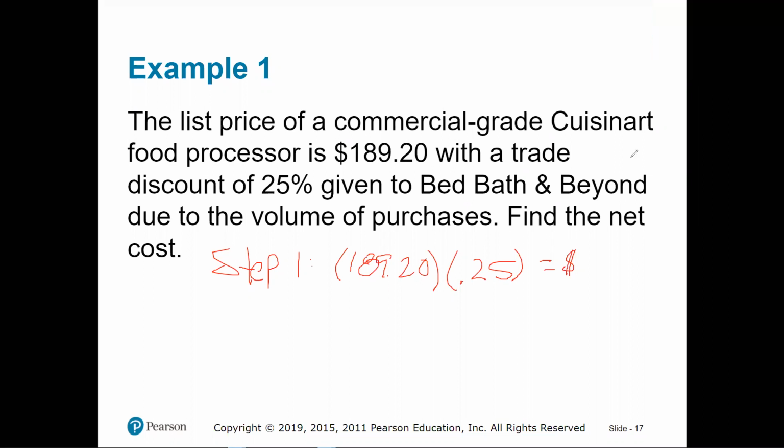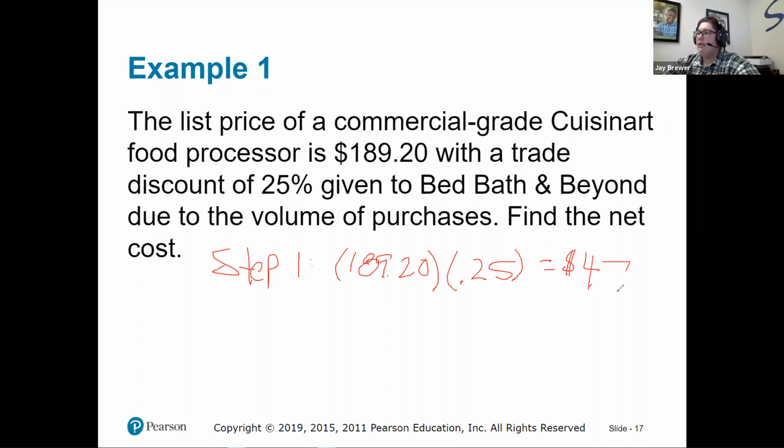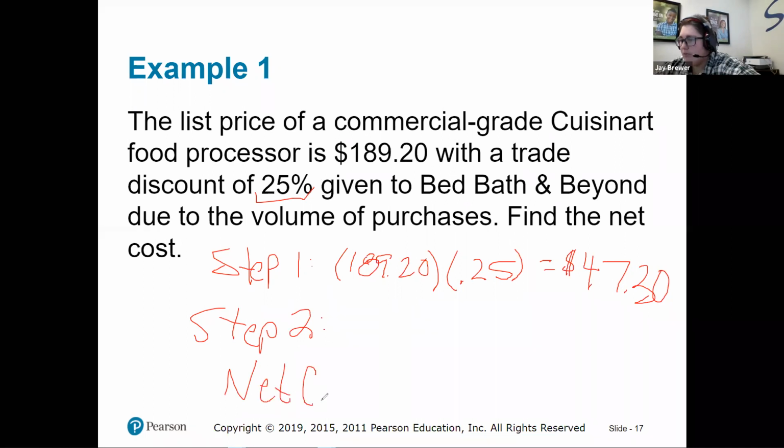Good. Okay. So now that we have the 25%, which again, we got 25% because we're told that's what their discount is, step 2 is when we're going to find the net cost. So net cost, NC, whatever you want to abbreviate it as, is equal to the 189.20 minus your 47.30.